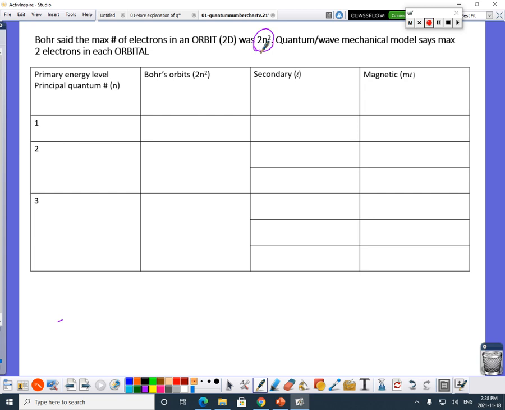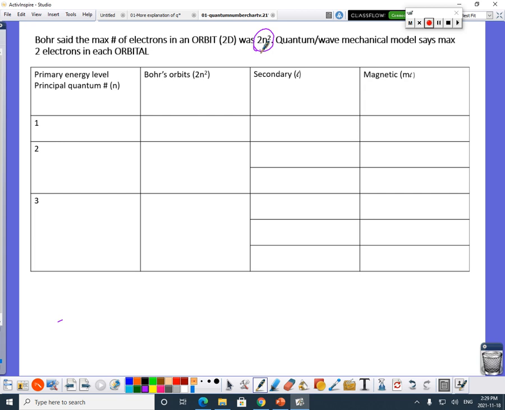It works for the second one: 2 times 2 squared, so 2 squared is 4, times 2 is 8. You would have said 2 in the first, 8 in the second. But then we teach you 8 in the third, and then you just make another one.